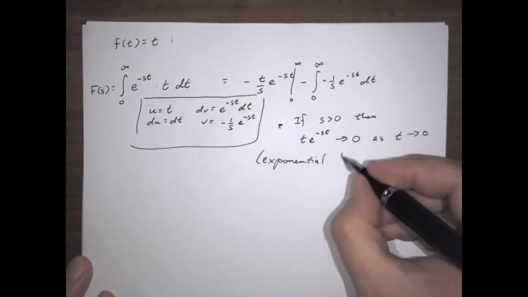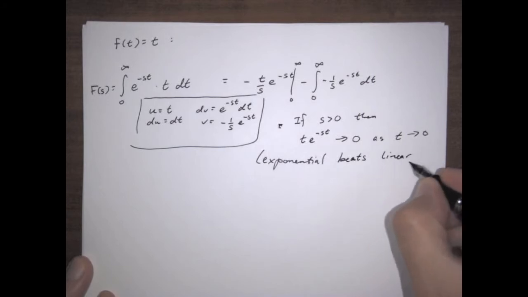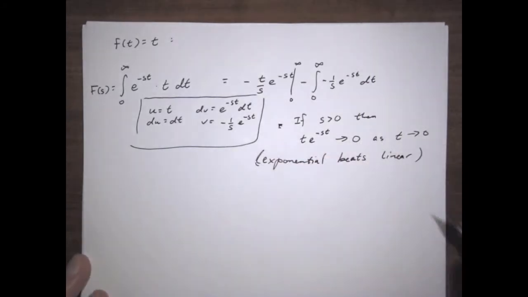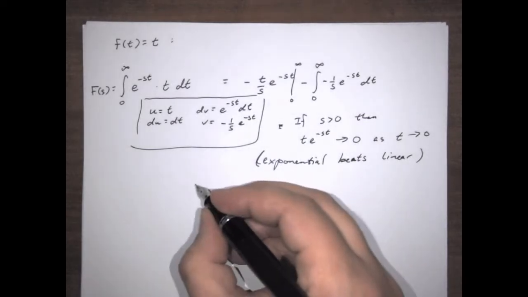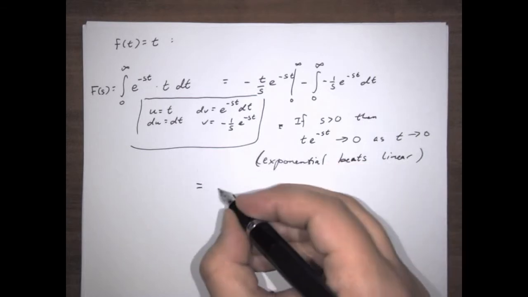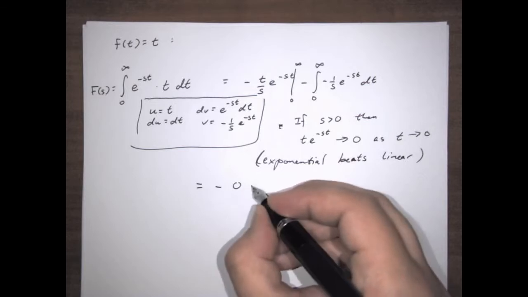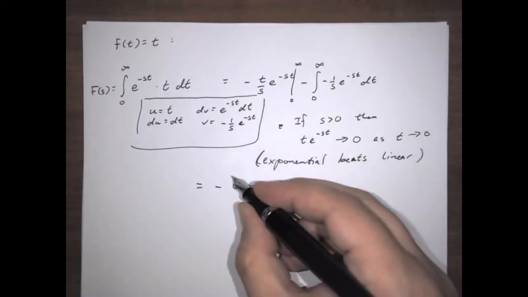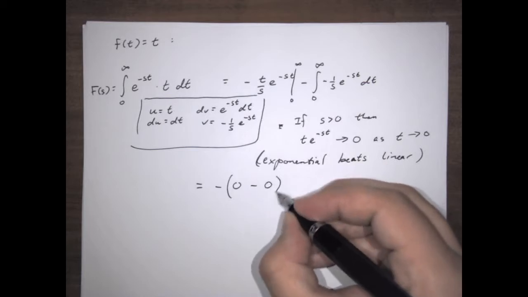So exponential beats linear. Remember in 252 when you looked at some of these improper integrals, you ended up with that sort of thing. Okay, so that's going to be negative 0, minus, and it's the negative in front of all of it, minus, and then we plug in a 0 for t, and it's going to be a 0 as well.